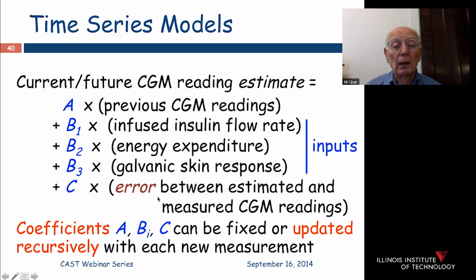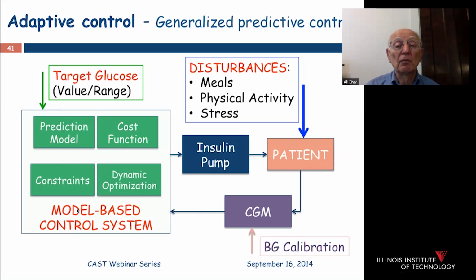And then we have added the error between the estimated and measured CGM readings to provide the moving average component of the autoregressive moving average model with external variables. Of course, all these parameters are updated recursively with each new measurement set that's coming from the patient.